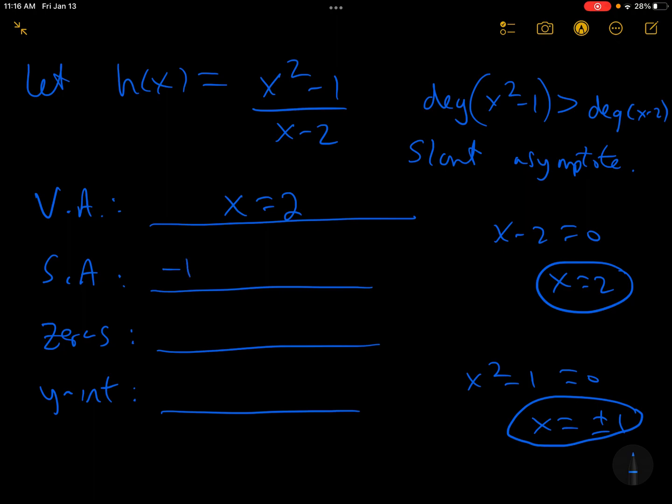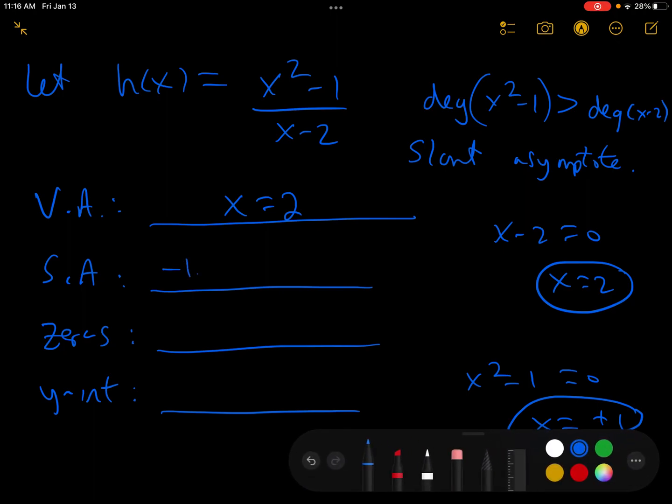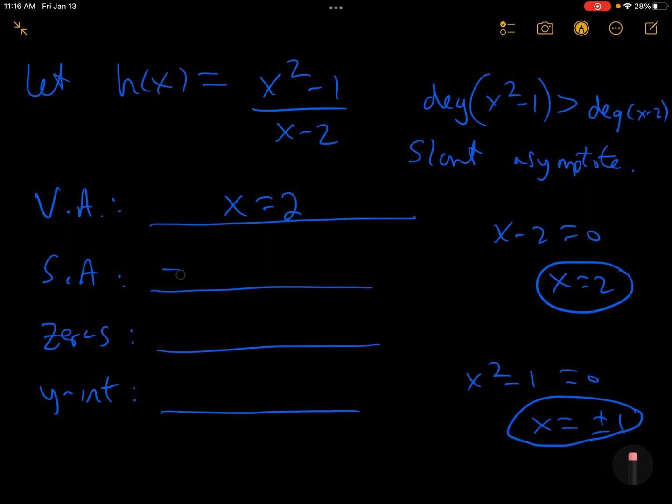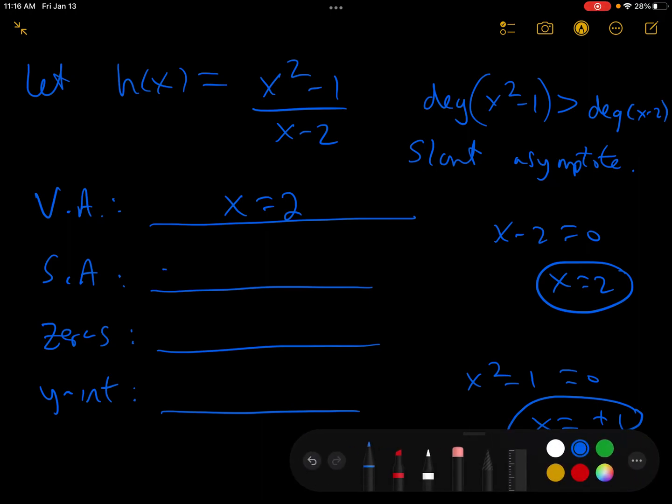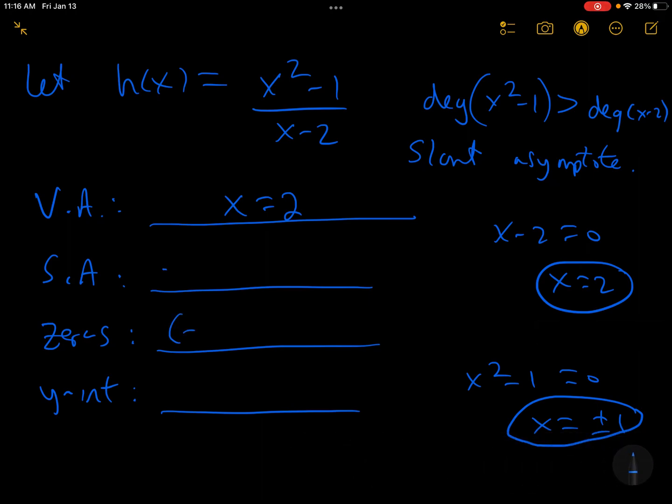Right, so we have zeros at (-1, 0) and (1, 0). So the y-intercept happens when x equals 0, and if you plug that in, h of 0 is 1/2. Okay.